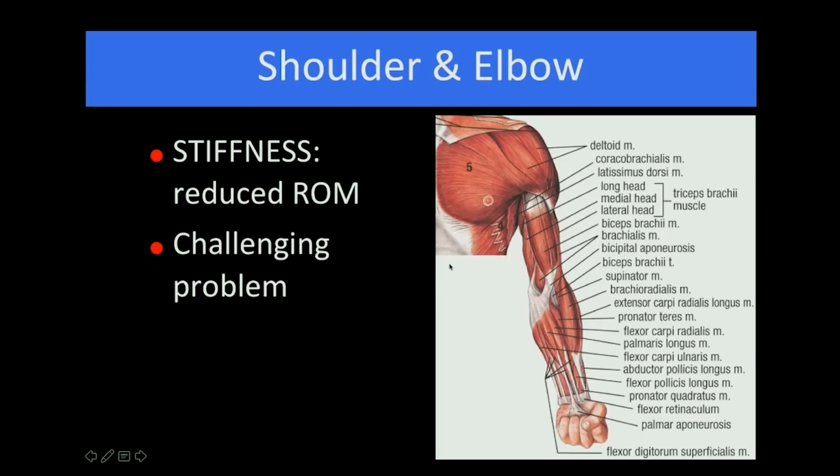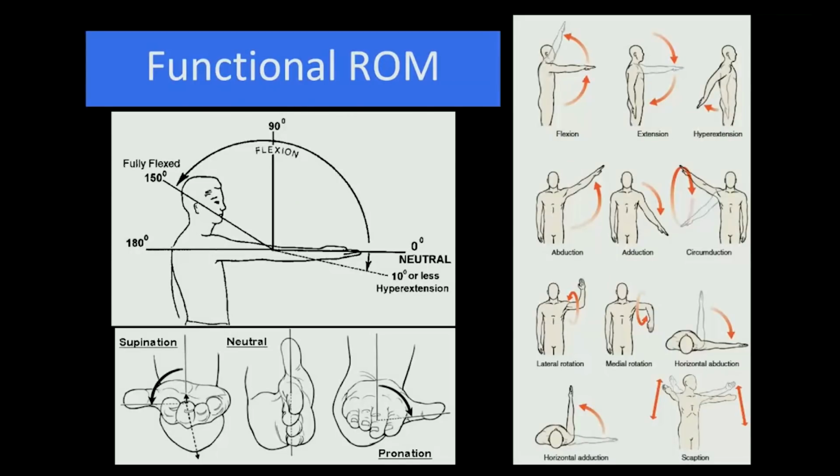And if you have any stiffness in the shoulder or elbow, it's going to be a challenging problem because you lose your motion. And unfortunately, shoulder and elbow joints, compared to our other joints, have a tendency to develop stiffness even with subtle small injuries. We talk about a functional range of motion.